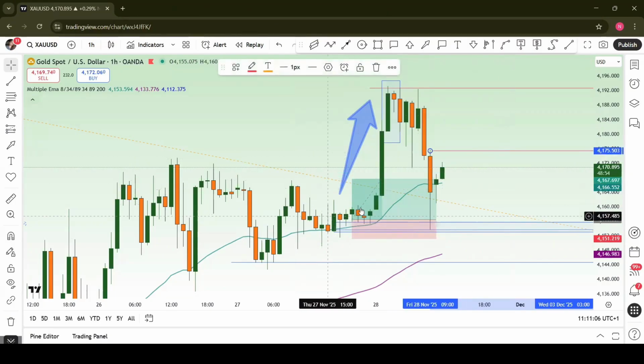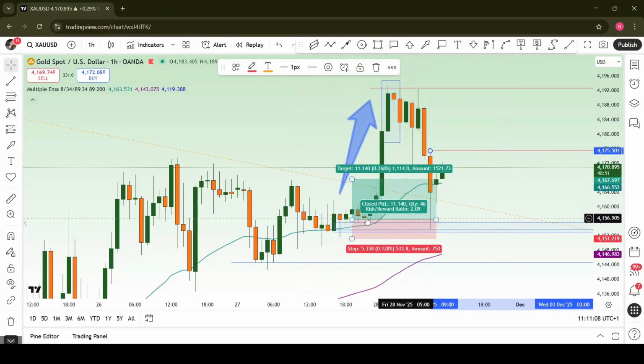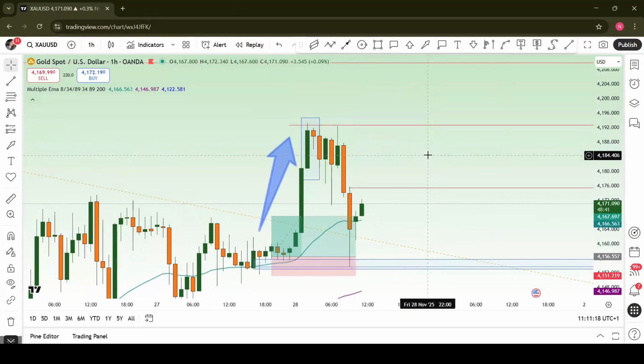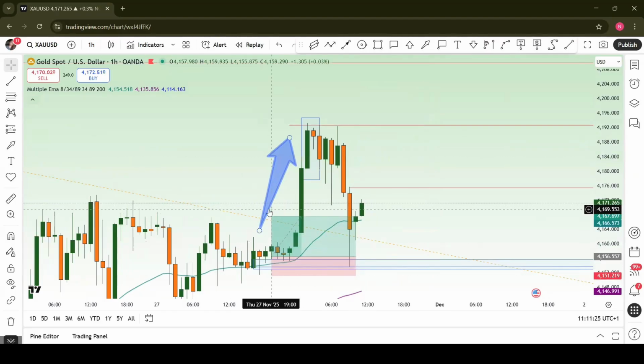And officially, obviously you can see it's heading up to 41.94. So that is the easiest way to use the candlestick pattern in confluence with the support zone.